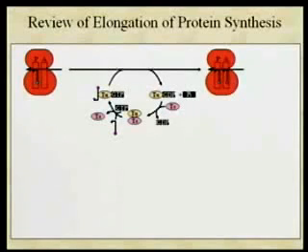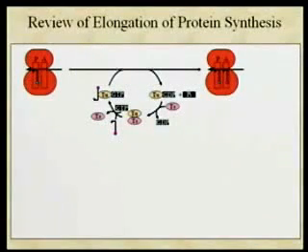TS is released, and we have then the TU complexed with the aminoacyl tRNA and GTP, and it is this elongation factor that delivers the aminoacyl tRNA into the A site of the ribosome. Now, TU picks up any aminoacyl tRNA. It's not specific. What determines the specificity is the codon in the message.